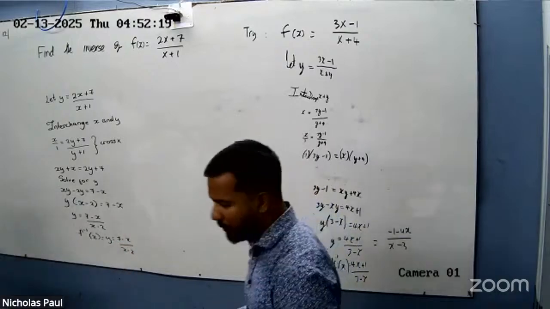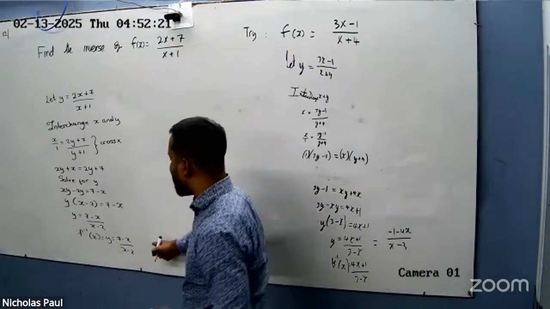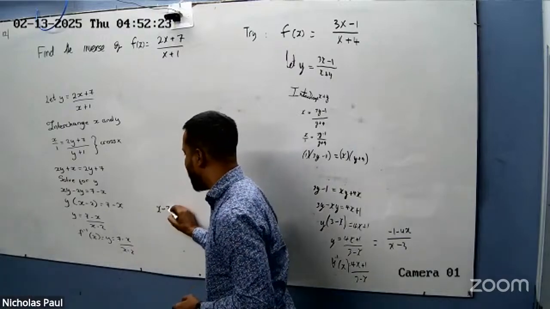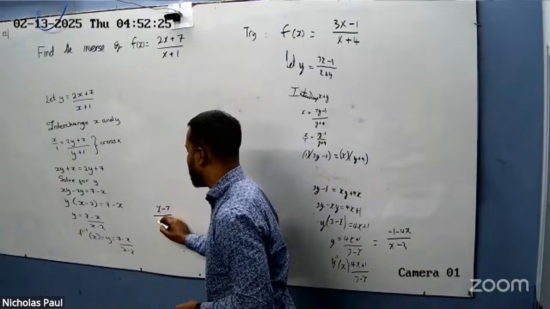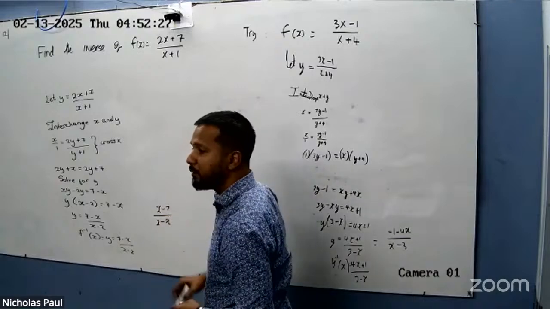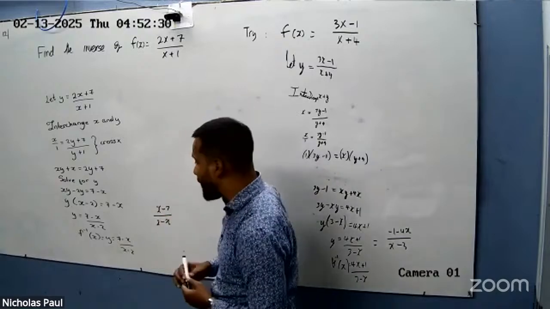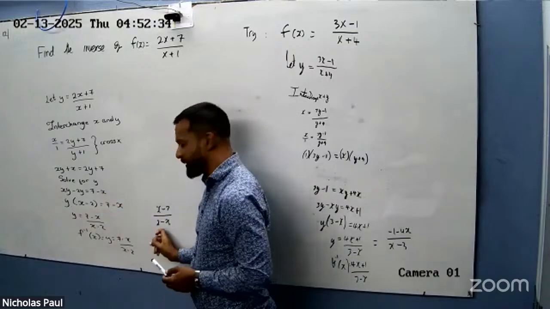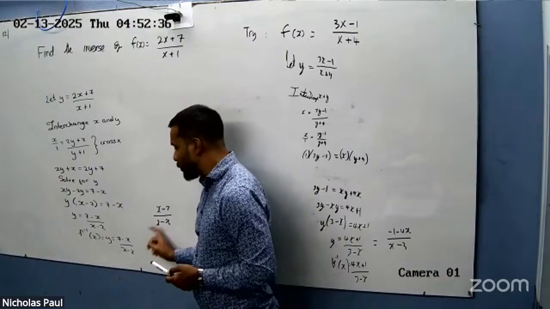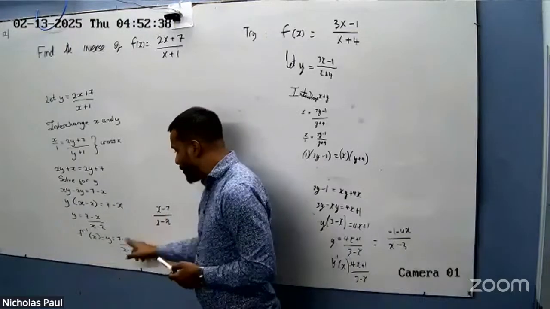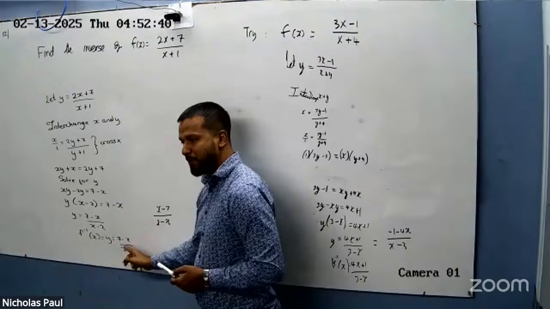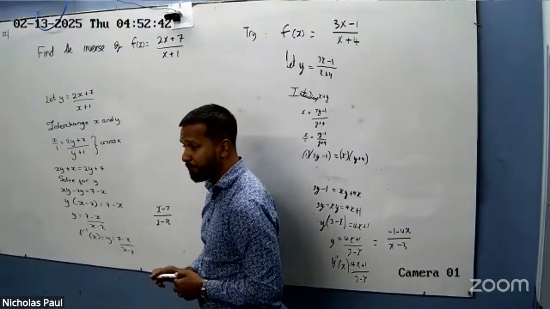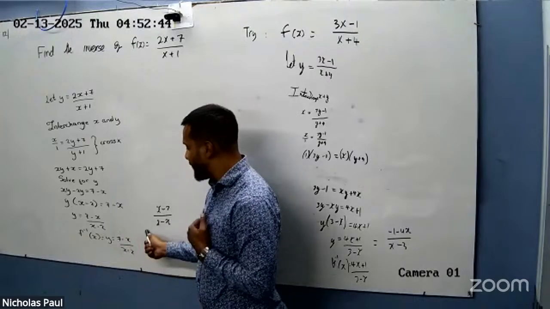Very good. Right, that's one answer. Our next answer may be x minus 7 over 2 minus x, right? That could be our next answer. Sometimes, based on how you cross multiply, which side you put things on, your signs will change. Right, but these two are the exact same thing. If you change every single sign, you'll get this. That's okay? Right? So that's the way you find the inverse.